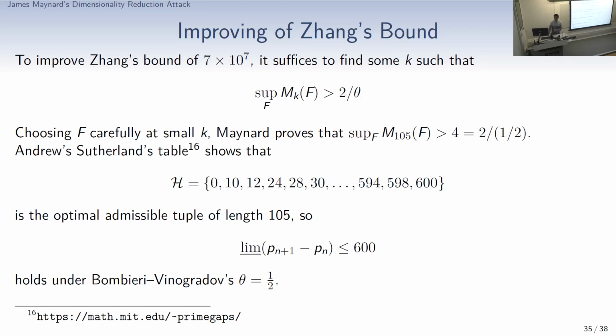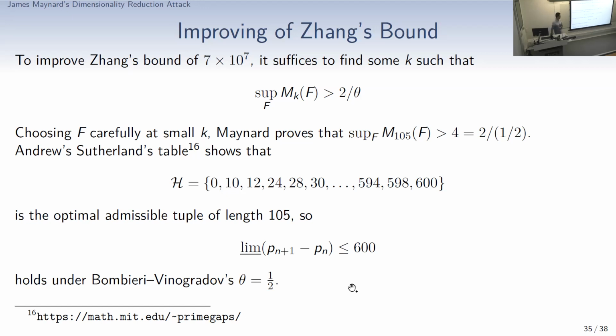By optimal, I mean that the largest distance between two elements is the smallest in this tuple. And in this tuple, sorted from minimum to maximum, the largest gap between all the elements is exactly 600. And this is why James Maynard is able to bring it down to 600.